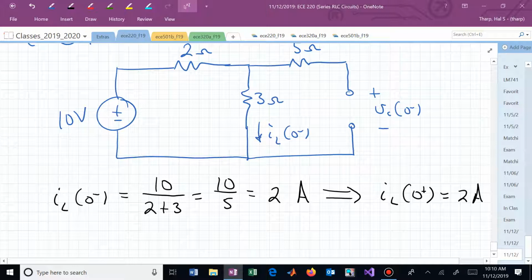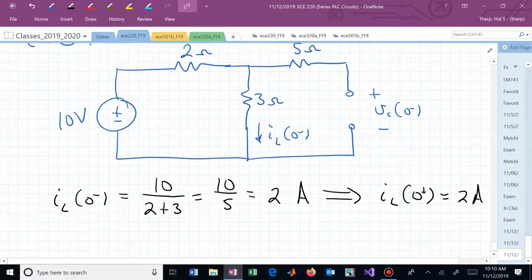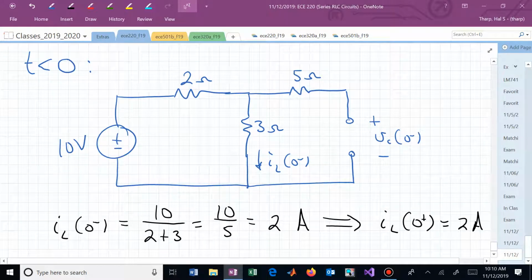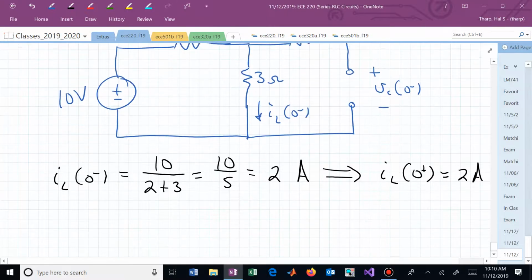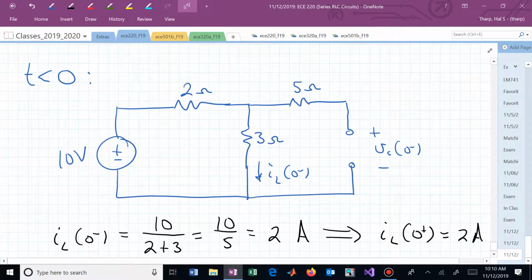You can find it many different ways. You've already found the current flowing through all of our resistors. It's flowing through the 3 ohm. That's the only resistor that the capacitor is seeing in terms of charging it up. So whatever that voltage drop across that resistor is the capacitor's voltage. Or you could say it's a voltage divider.